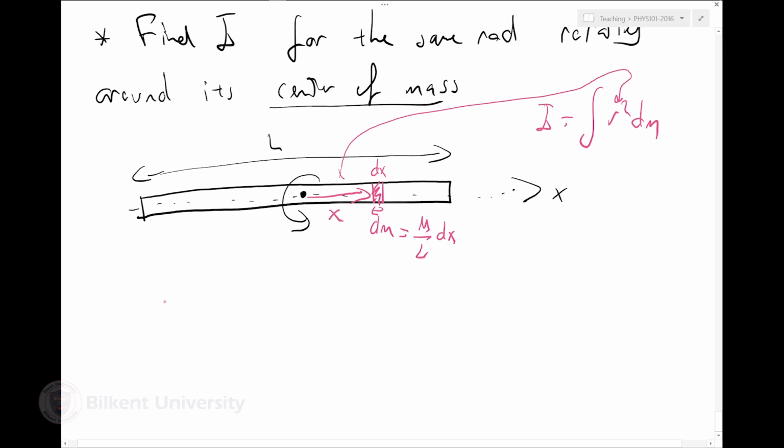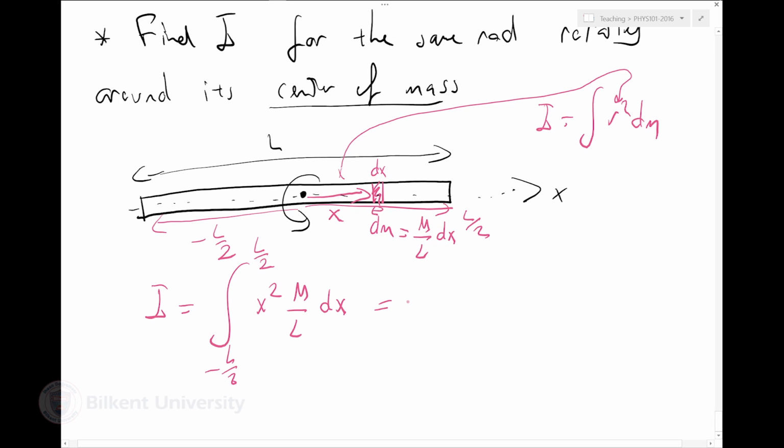So my moment of inertia is going to be the integral of x squared m over L dx. Nothing has changed. But now, what are the limits of this integration? x goes from minus L over 2 to L over 2.